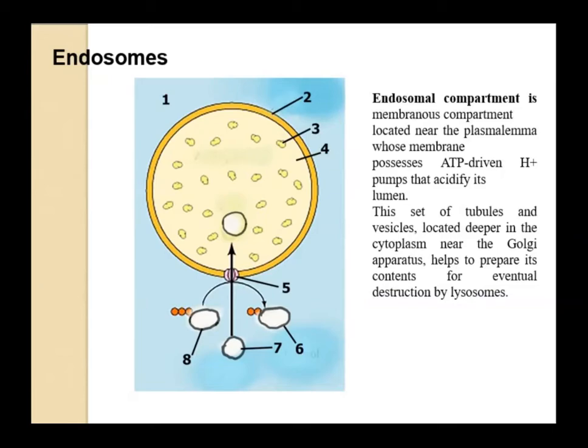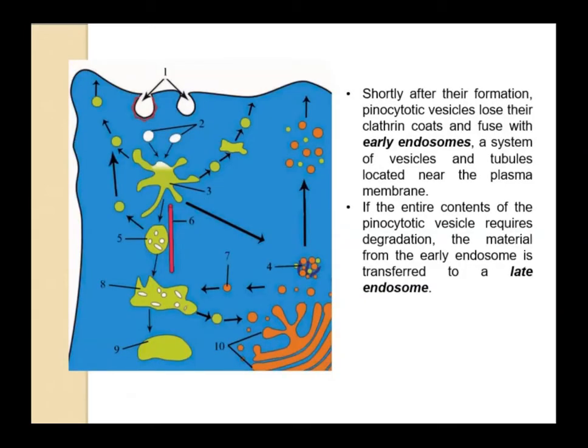We know that pinocytic vesicles lose their clathrin coat and fuse with the early endosome. So here we can see the early endosome, a membranous compartment located near the cell membrane, and as we know, in the membrane of the endosome we will have H pumps. So inside of the early endosome, the pH will drop to approximately 6.